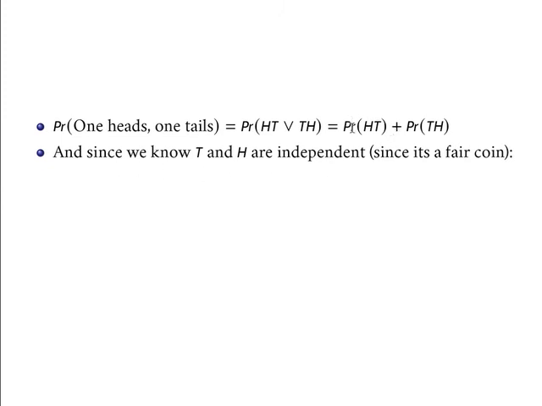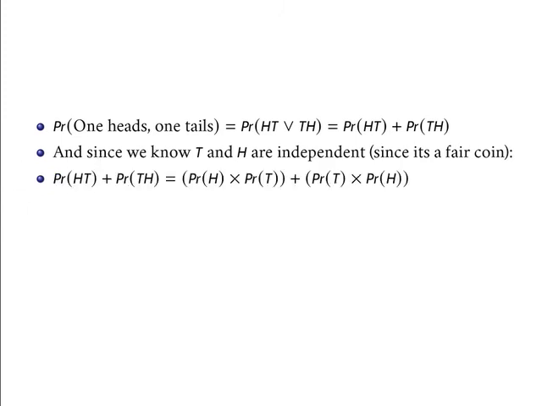And so for that reason, we can apply the rule for calculating the probability of conjunctions with independent conjuncts. So here I've applied that rule. The probability of HT plus the probability of TH is equal to the probability of heads on the first time times the probability of tails on the second, plus the probability of tails on the first times the probability of heads on the second.